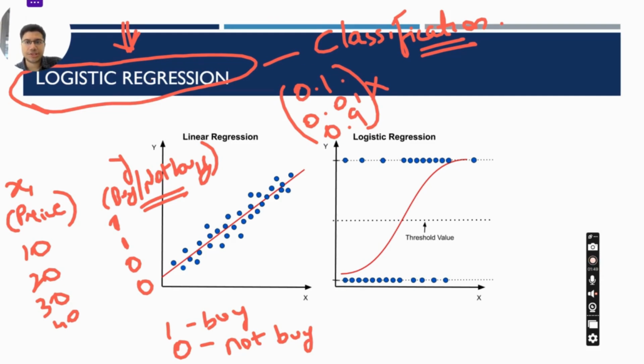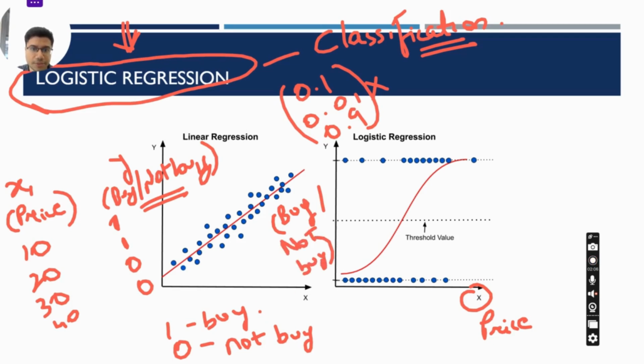What is logistic regression? Let us say we have X, which is the price, and Y, which is whether the decision will be buy or not buy. Just the same question: buy is 1, not buy is 0. Looking at the data, there seems to be a threshold value.